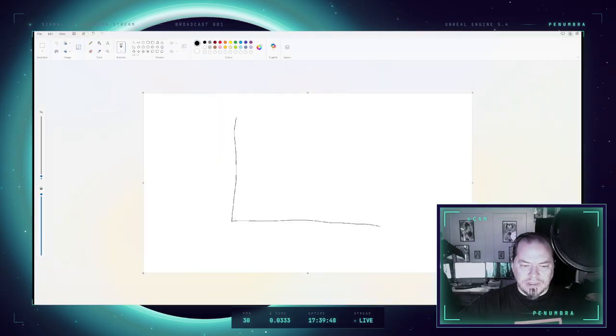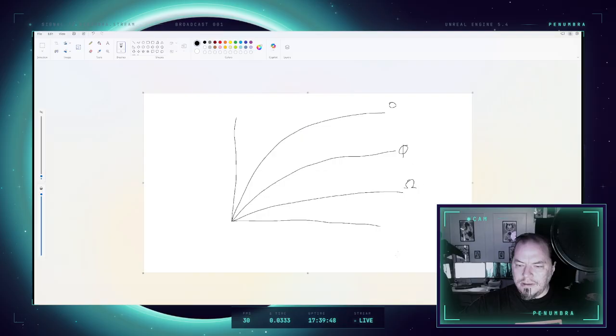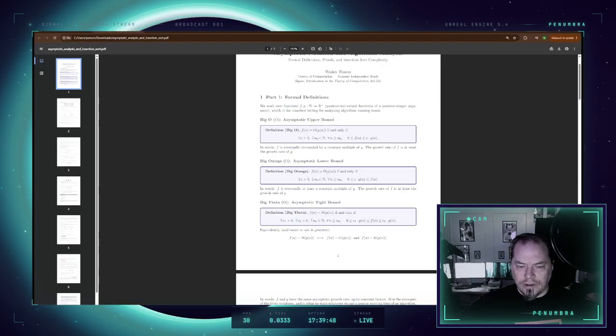So when I look at these, especially with polynomial time stuff, we have a curve for our big O, then a big omega, and then we have something in the middle. That's our big theta.